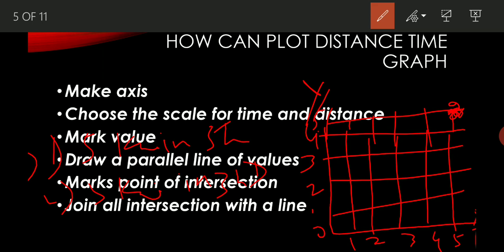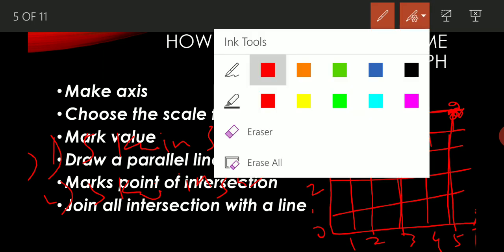Just put a dot here. Now 3 kilometers in 3 hours, the value will be here. You make parallel lines to find the exact value. Now you got two points of intersection.